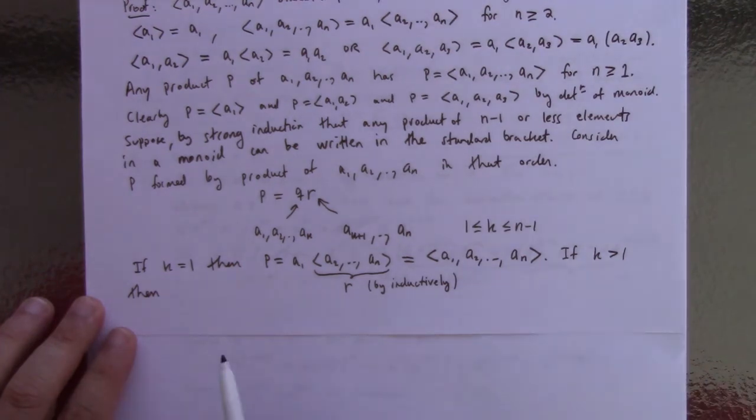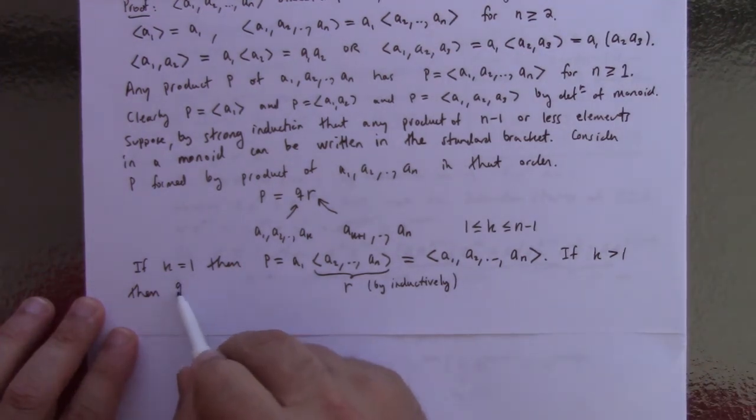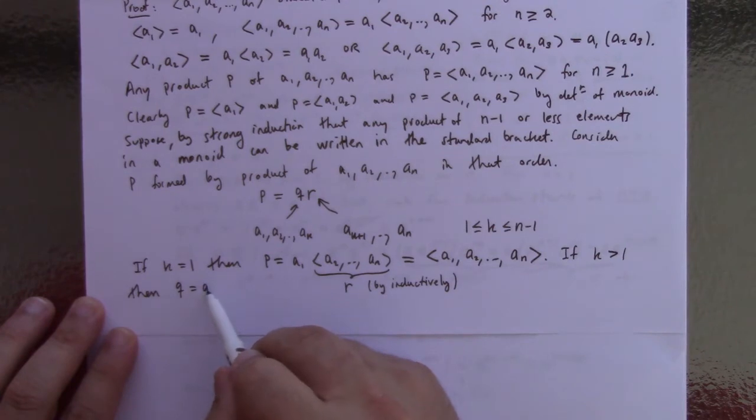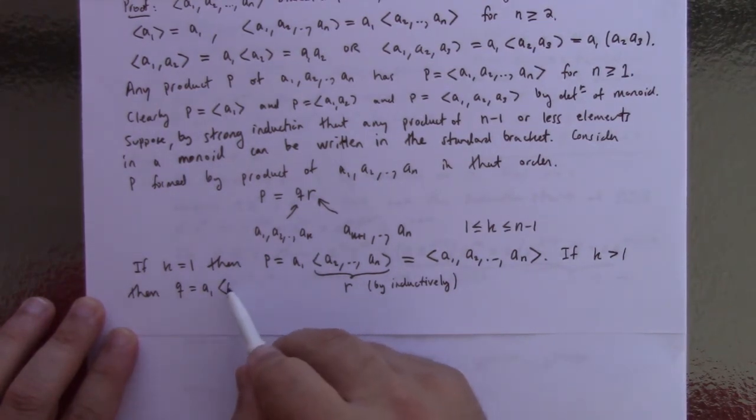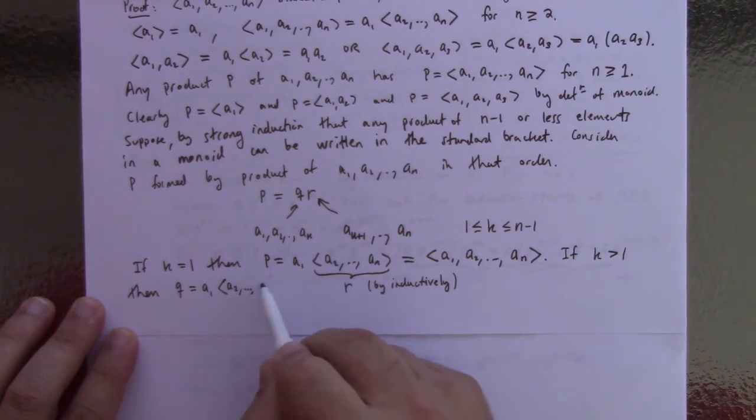So if K is greater than 1, then we can write Q is equal to A1, A2, ..., AK. How can I do that?